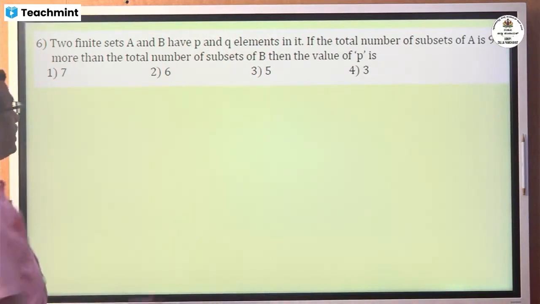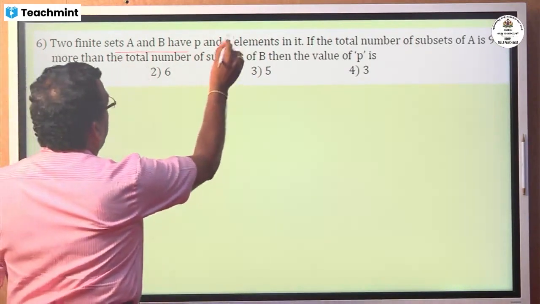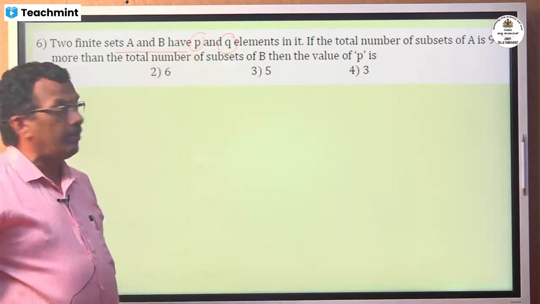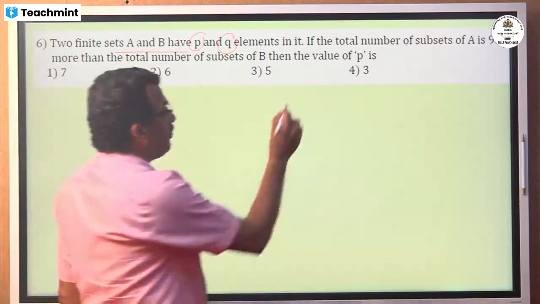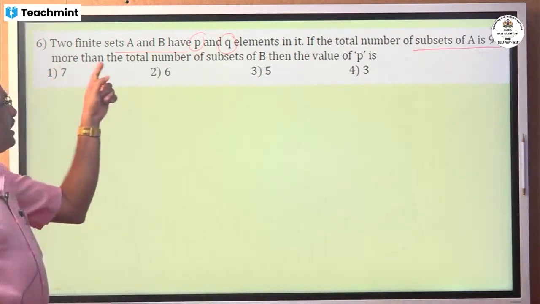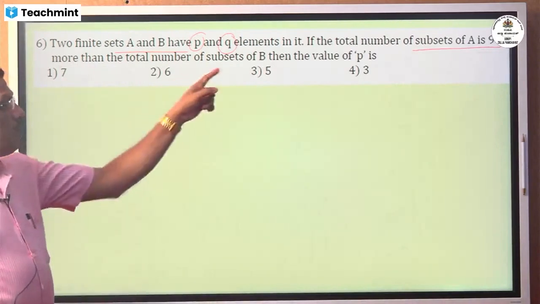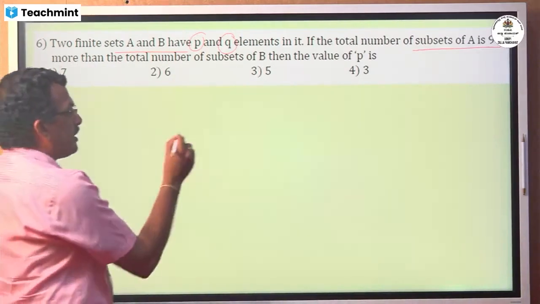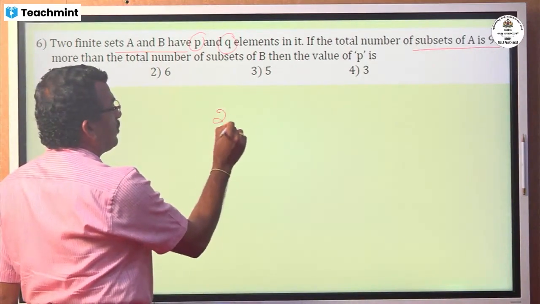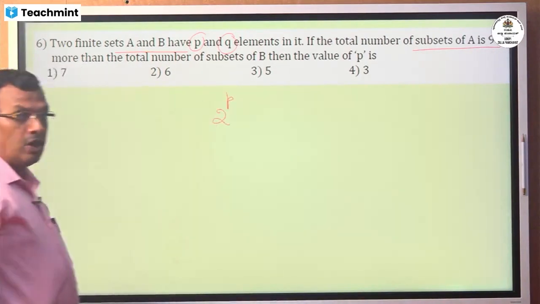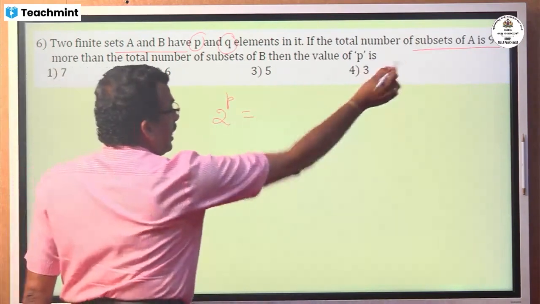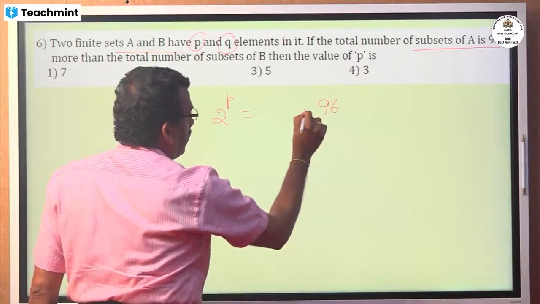Two finite sets A and B have P and Q elements. ಅಂದ್ರೆ A ಅಲ್ಲಿ P element ಇದೆ, B ಅಲ್ಲಿ Q elements ಗಳಿದ್ದಾವೆ. If the total number of subsets of A is 96 more than the total number of subsets of B, statement says that total number of subsets of A, what is total number of subsets of A? 2 to the power P is equal to 96 more than, plus 96.